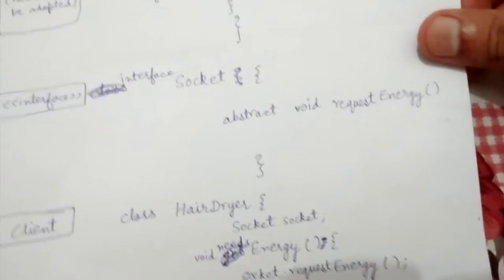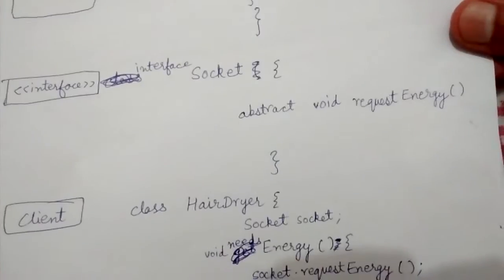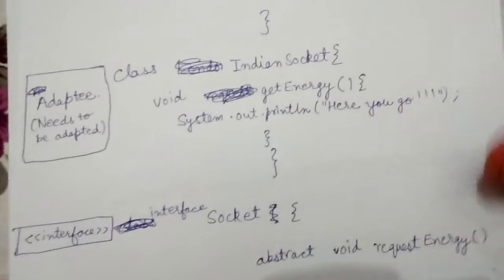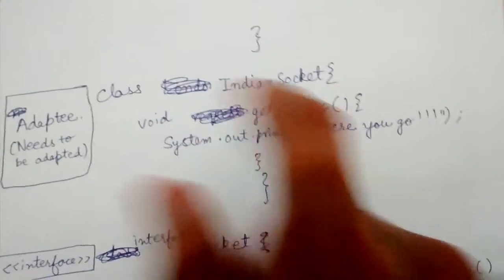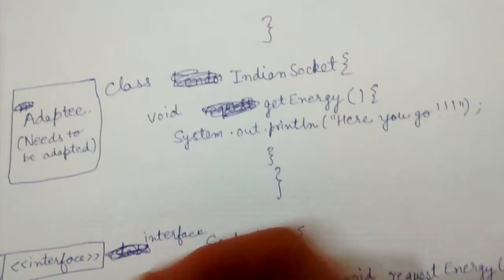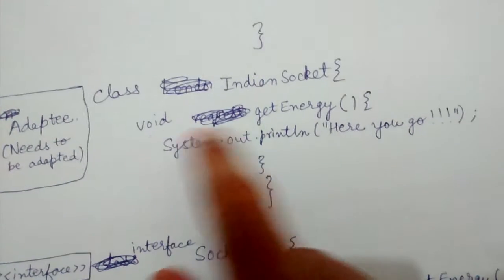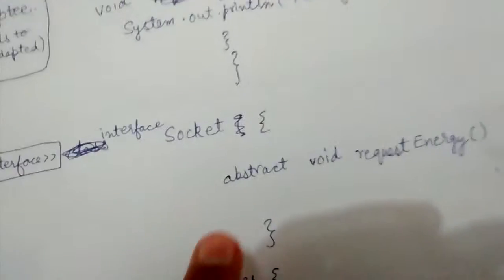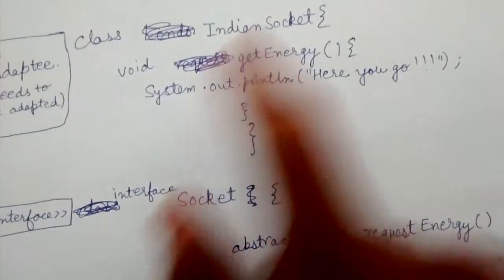But when the client goes for tourism in India, he comes across an Indian socket, and he can't plug his hairdryer into the Indian socket because the Indian socket is not following this socket interface. It's not implementing this socket interface anymore.